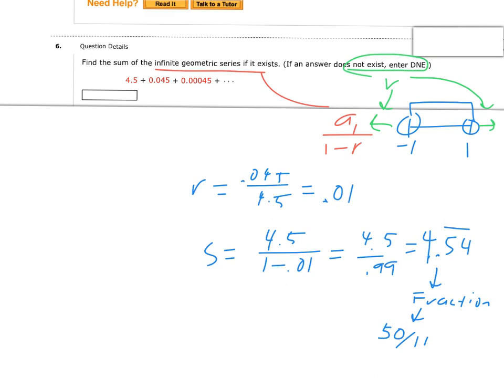If you don't have the button on your calculator, what you can do here instead is move the decimal on the top and bottom over. So I'd have to move it the same, so it'd have to be 450 over 99. And then I would just reduce it from there, so I would divide both of these by 9. And that would give me that 50 over 11. So that's what I'm going to put there for my answer.